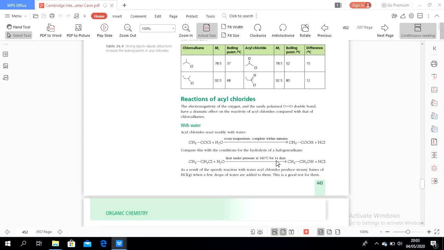As a result of the speedy reaction, acyl chloride produces steamy fumes of HCl when a few drops of water are added to it. This is a good test for distinguishing acyl chloride from carboxylic acid and from halogenoalkanes.